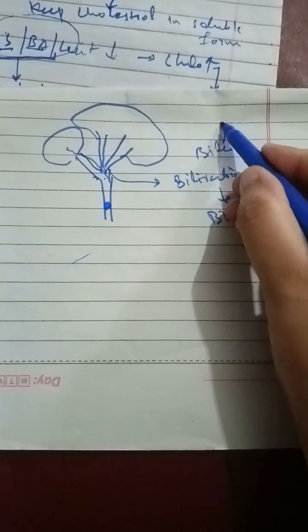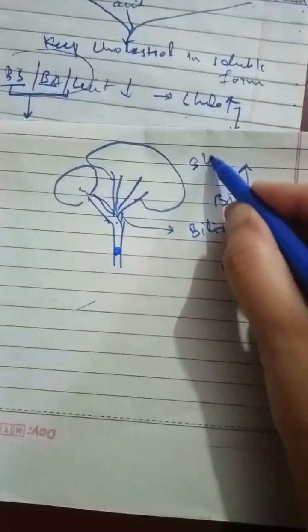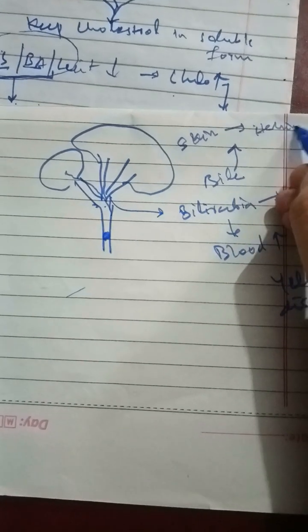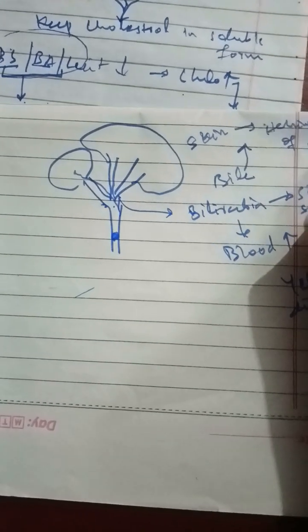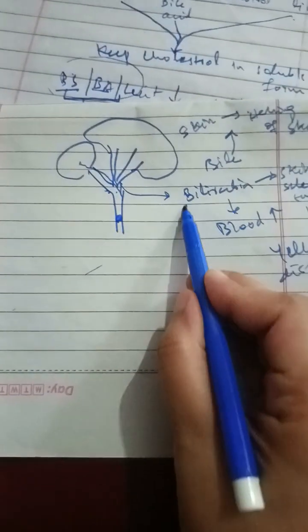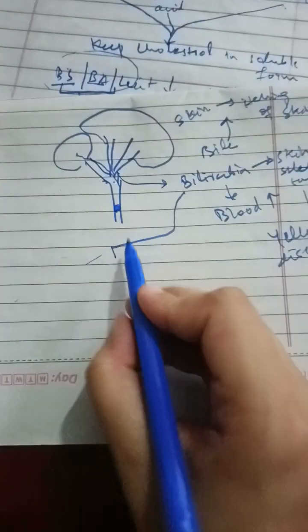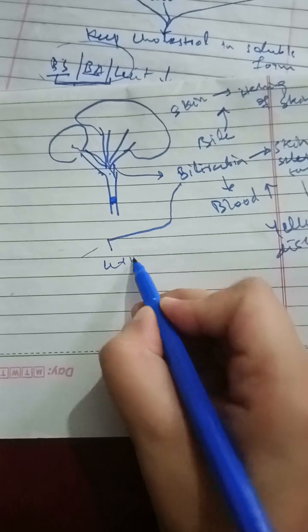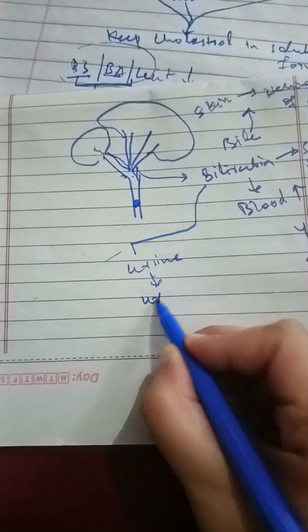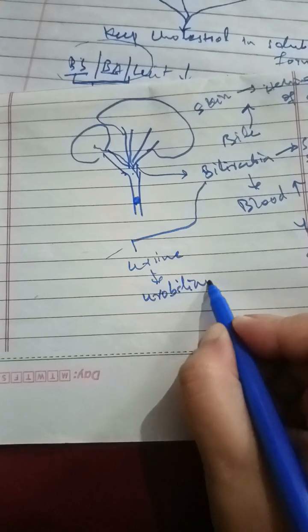The bile will also accumulate in the skin and will cause itching of the skin. We know that the bilirubin is normally excreted in a very small quantity in the urine, in the form of urobilinogen.